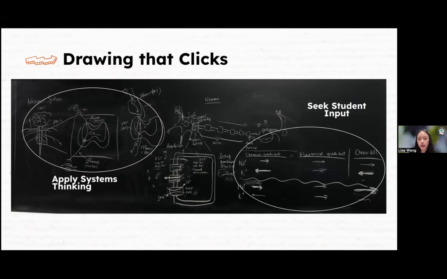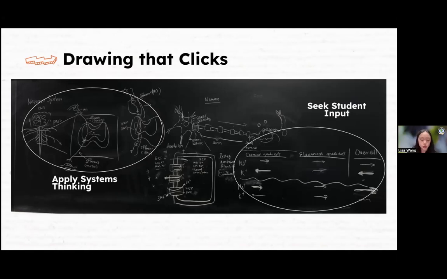Second, I would recommend that if you try something like this in a course, you seek student input as you're drawing. Ask students what we should draw next, where the arrows should head, what the next step is, what the next zooming in is.